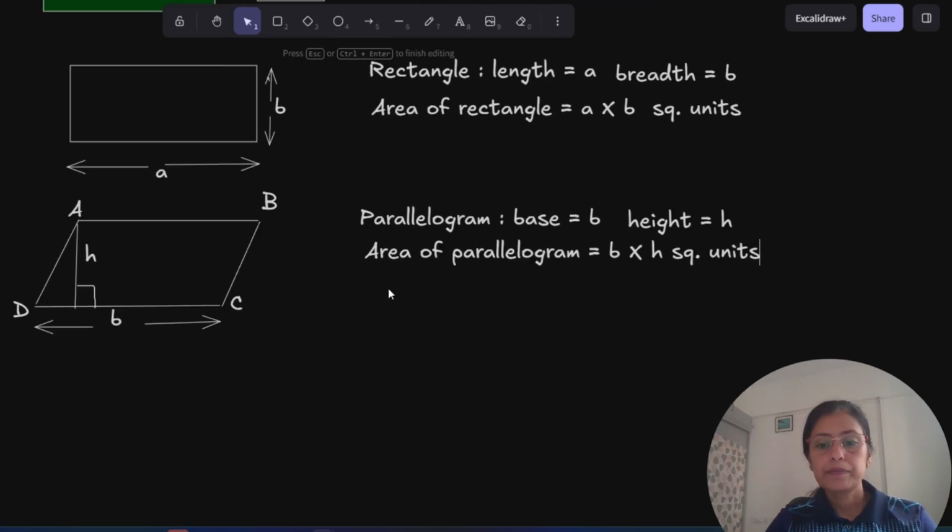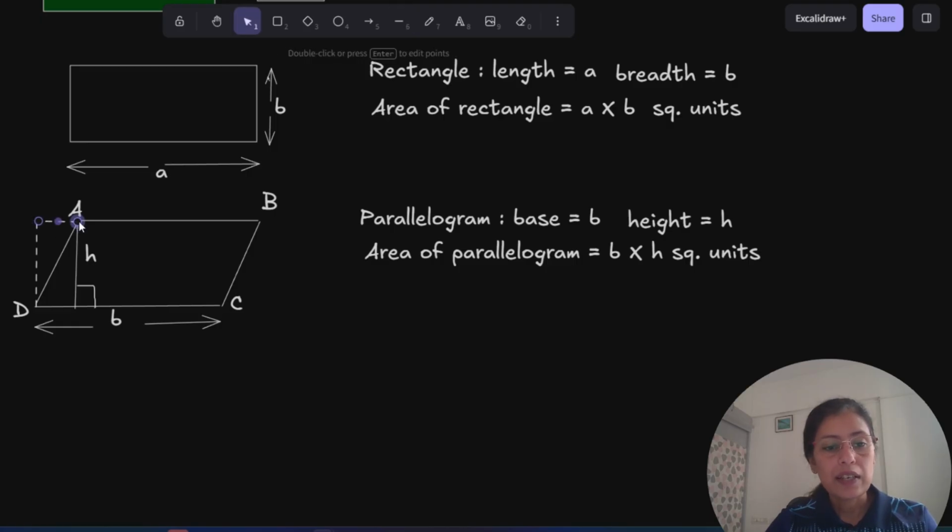Right? So now how did we arrive at this? If you remember from your previous class, I think you studied this in grade 8. So what we can do is, this is H, and I draw another line perpendicular from D to the base AB, right?